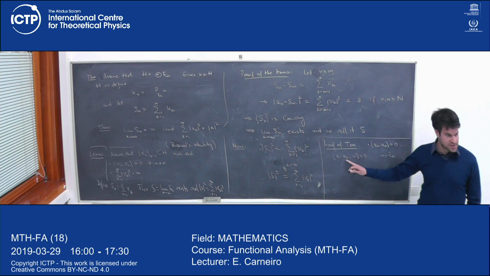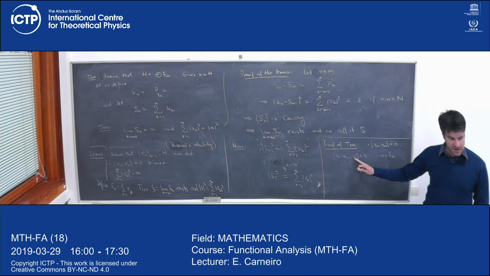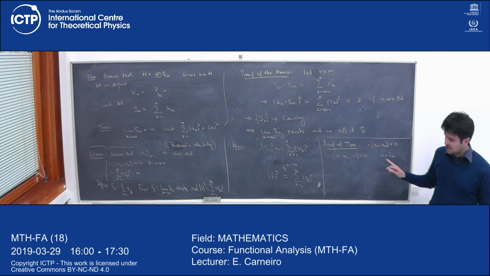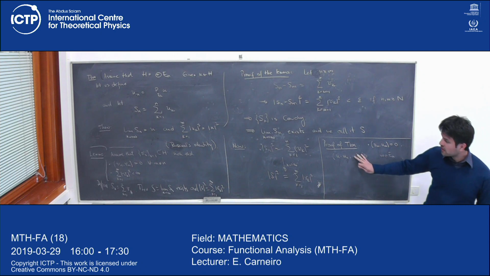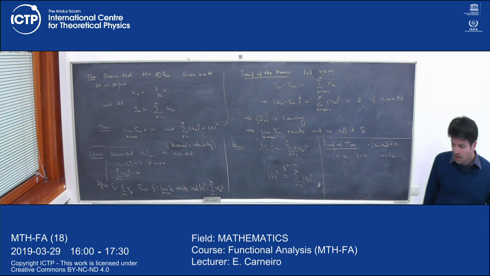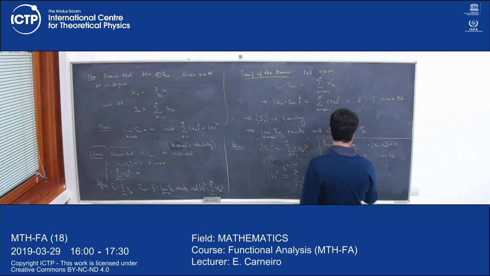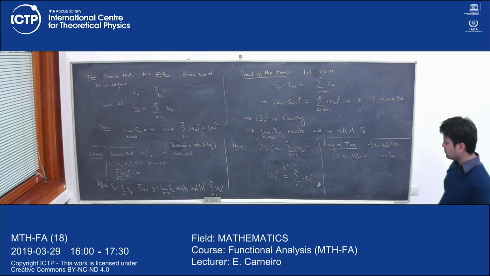U minus the projection, in the inner product with any vector in the space where you are projecting, is 0 by the definition of the projection, right? So we can just take U against U_n itself. This is going to be 0.